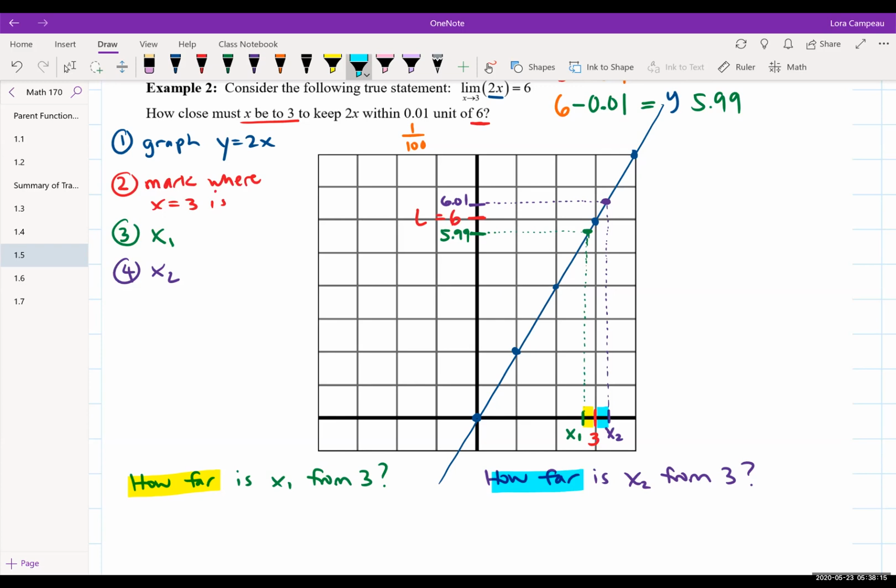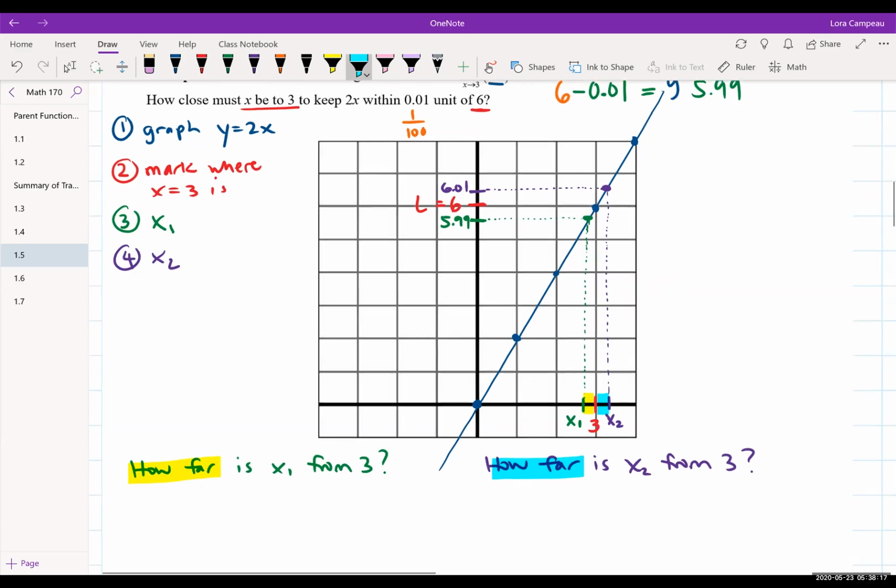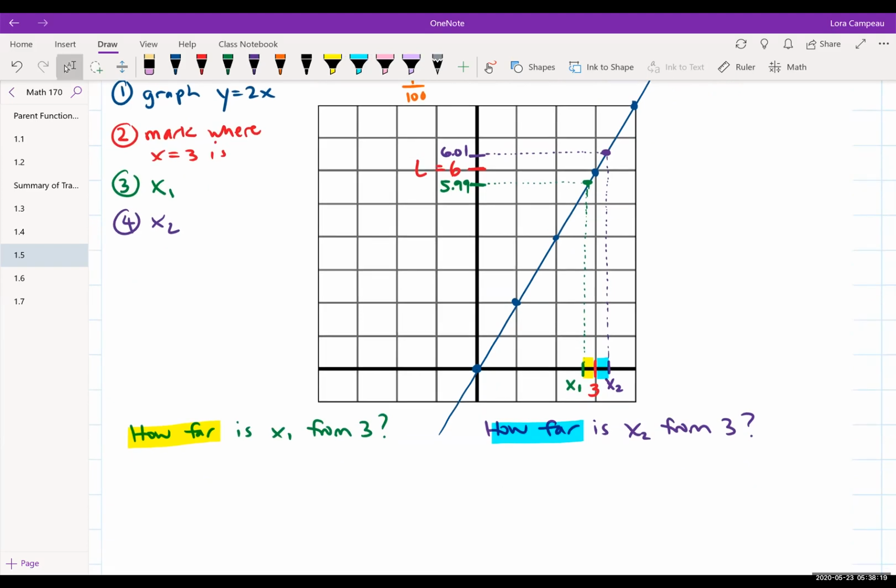Now, we should be able to find the upper and lower bounds for the x, and that's what x1 and x2 are considered, so that the function is within 0.01 units of 6. So kind of note this. I'll write this down formally because when we're first starting, it's not bad to speak the language.